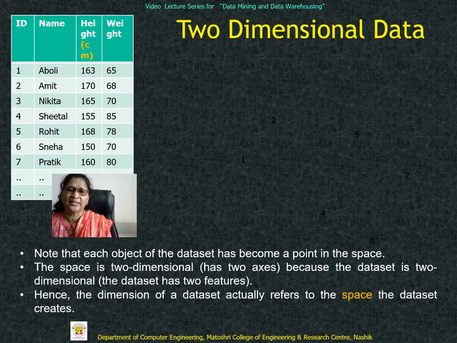Now if you look at this table, we are using 2 features. We are using height and we are using weight. So as we are using 2 features, we'll call it 2-dimensional data. Again, note that ID and name we are using as object identifiers. We are not using them as features. As only two features we are using, we call it two-dimensional data.